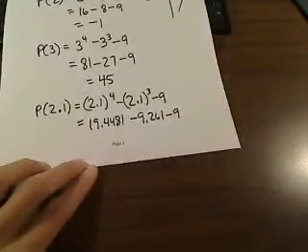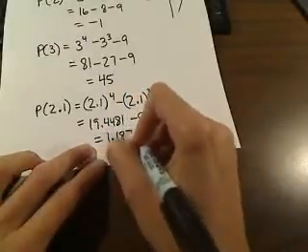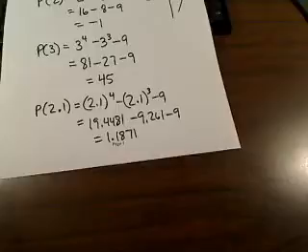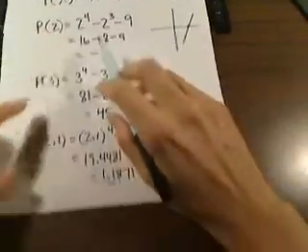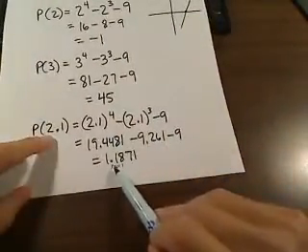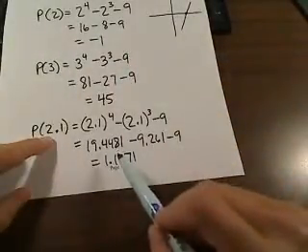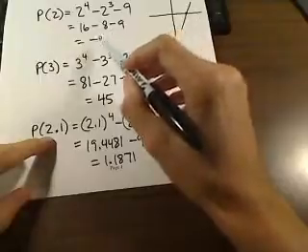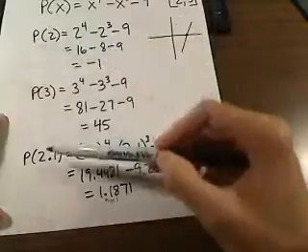So if I do the subtraction there, then I get 1.1871. Okay, so right away, what I see is when I evaluated p of 2, I got a negative 1. When I evaluate p of 2.1, I got a positive value. So we're going from negative to positive in between 2 and 2.1. So we know that our 0 is actually between 2 and 2.1.